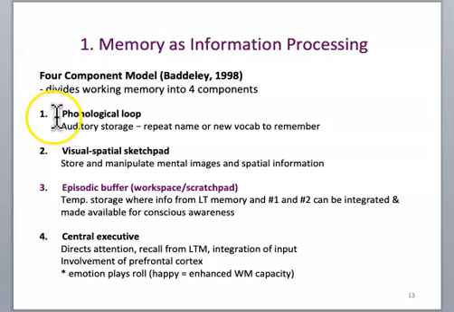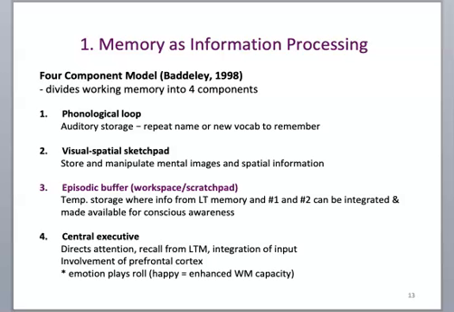The phonological loop has to do with auditory storage. I'll just use the example in the text because that's easy enough. How much is 87 plus 36? When I say that out loud, your auditory storage is going to be repeating 87 plus 36, 87 plus 36, right?